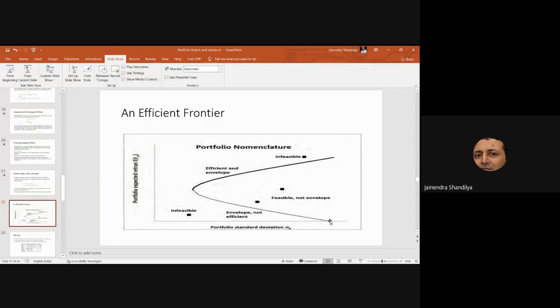So in the case of the efficient frontier, the lower portion is not efficient. I'm sure you must know this, but can you tell me why this lower portion is not efficient? Higher deviation and lower return. Yeah, and you can rephrase it better.